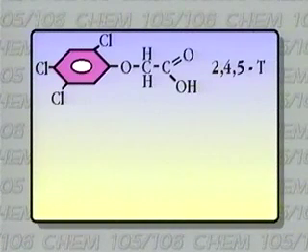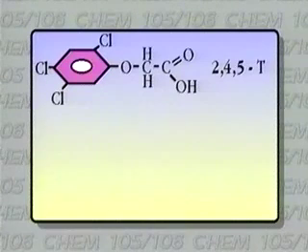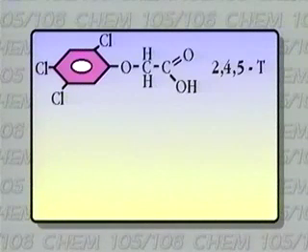The 2,4,5 stands for the position of the chlorines on the benzene ring. So if we go right up here, this would be the number 1 carbon, number 2, 3, 4, 5. So we have then 2,4,5 trichloro, and notice this structure right here. If I break right here and here, that's an oxygen in there.